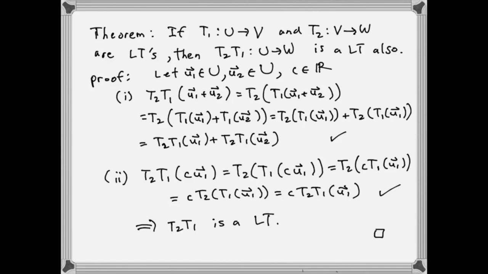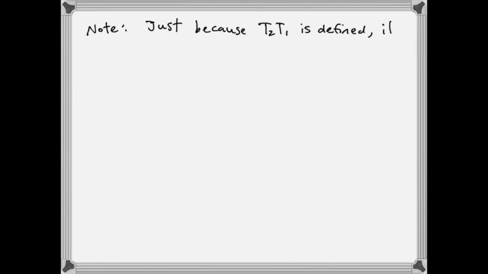Now, let's move on a little bit, and this is a note here. Let me just write a note. Just because T2, T1 is defined, it doesn't mean T1, T2 is.